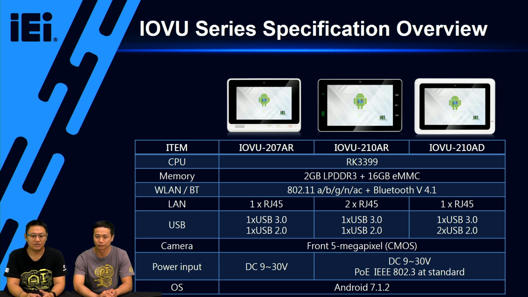All of them are equipped with the same CPU, RAM, eMMC, Wi-Fi, Bluetooth, and camera components. 210AR has 2 LAN ports, while the other two models only have 1 LAN port. And another feature in the 10-inch model is PoE supported powered device. We will talk about more in another slide.